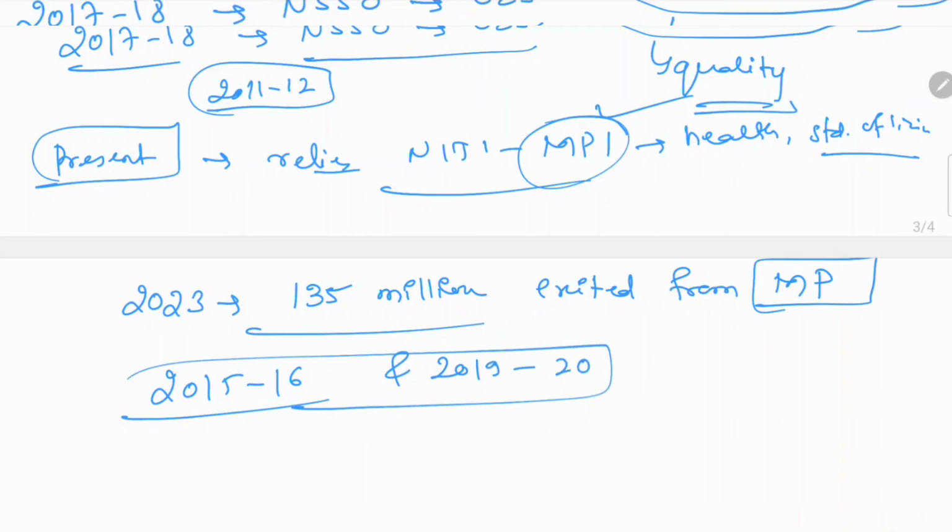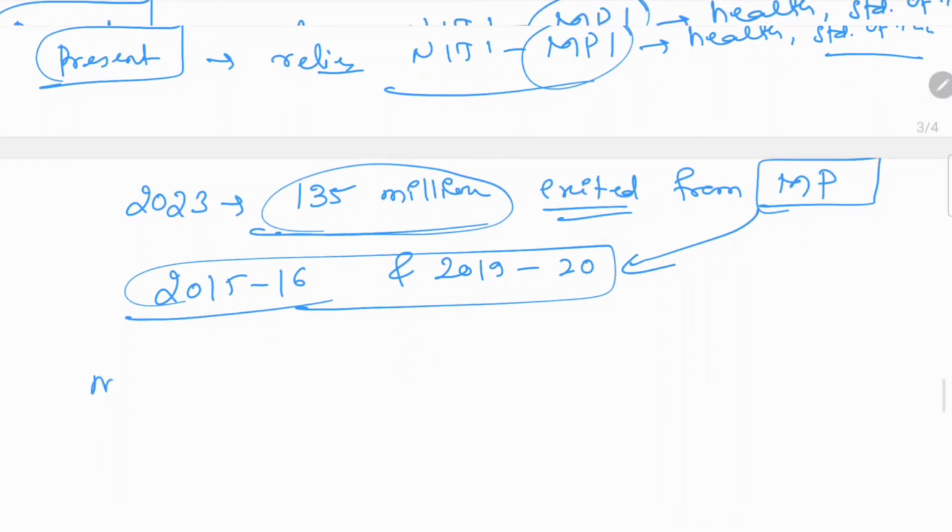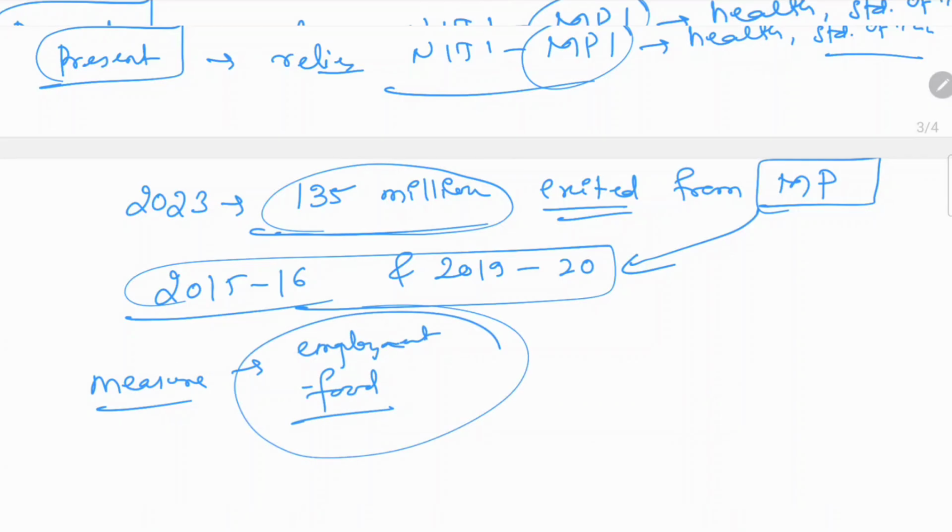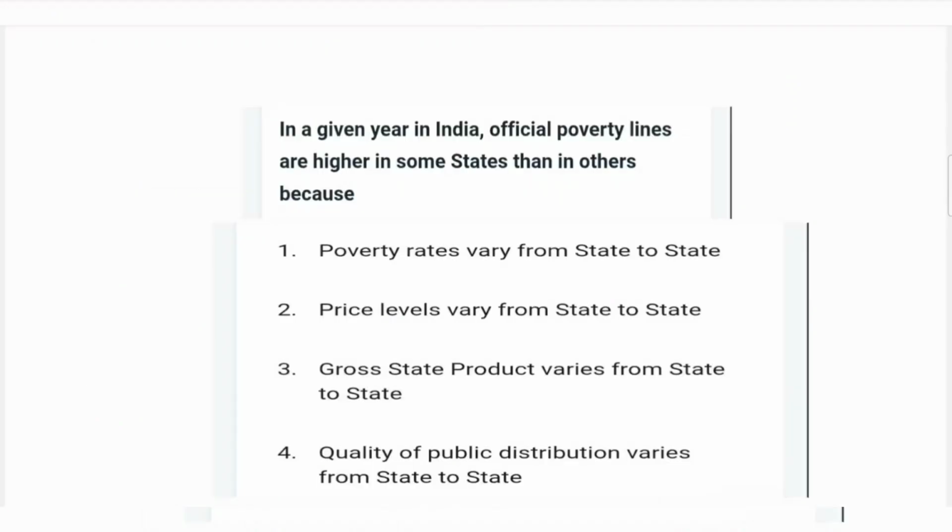So between these years, nearly 135 million people are out of multidimensional poverty, because of various measures taken by the government for employment and for food security. Considering all these, the estimation of Niti Aayog says that nearly 135 million are out of multidimensional poverty. Consider the question that I have told you.